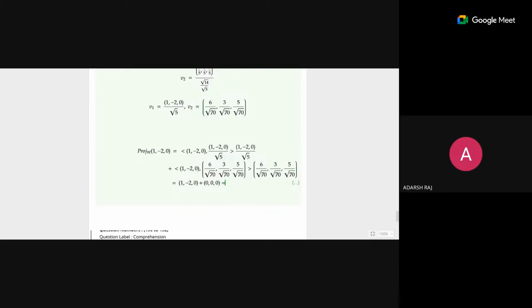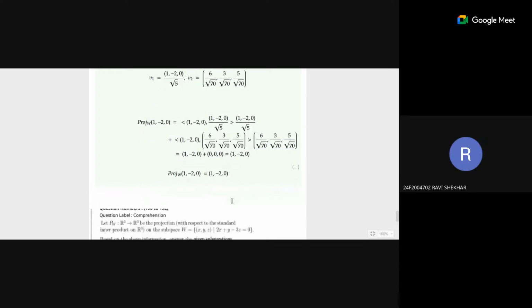And what we get is 1 comma minus 2 comma 0. So the projection of this vector onto subspace W is the vector itself. If you observe, this is one of the basis vectors only, which means it lies on the subspace.